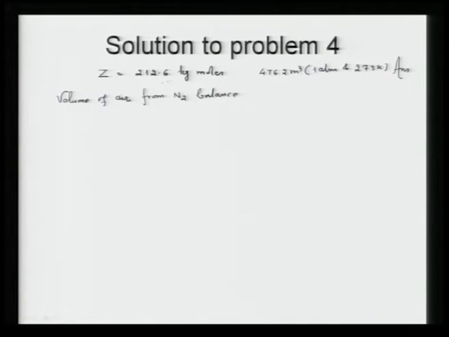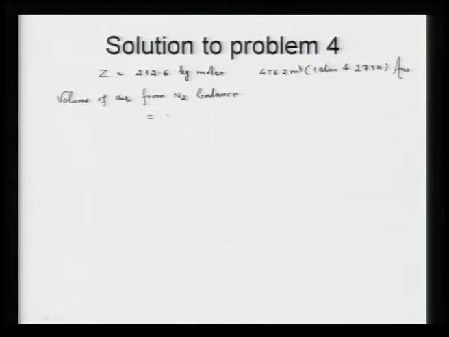We know the amount of gases. Nitrogen is 61% and air contains 79% of nitrogen. So, straight away if we do the nitrogen balance, nitrogen from air is equal to nitrogen in gases. It is very easy. So, volume of air will be equal to 3677 meter cube. This is from nitrogen balance.